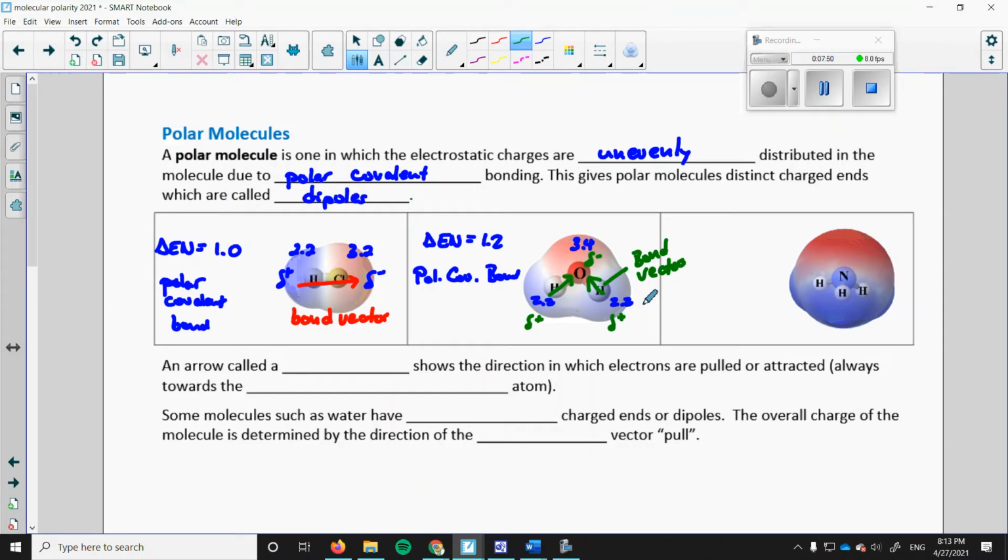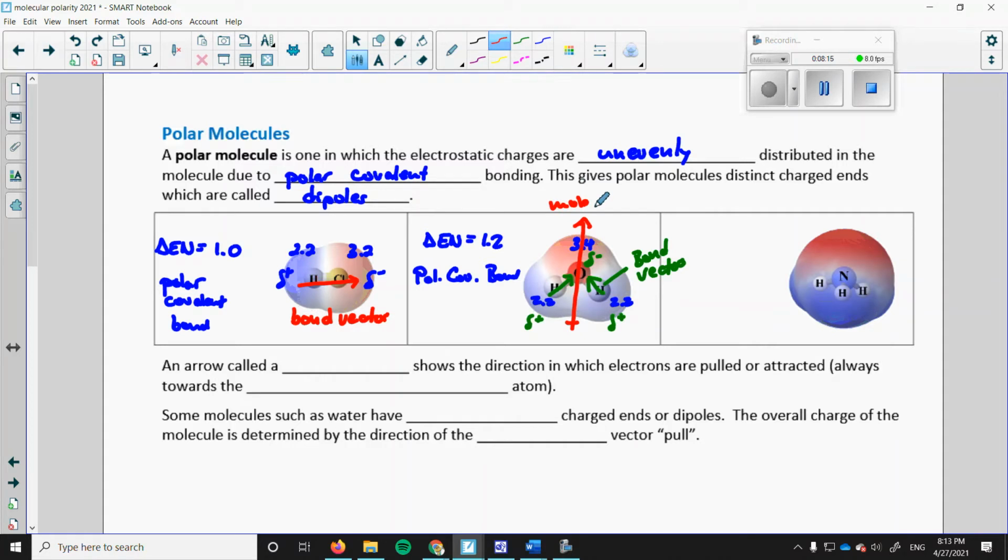But how about the whole molecule? The whole molecule is also going to have a charge. The molecule is going to be negative at the top here and positive towards here. So we draw another line here, and this represents the overall charges for the whole molecule. This is called the molecular vector.